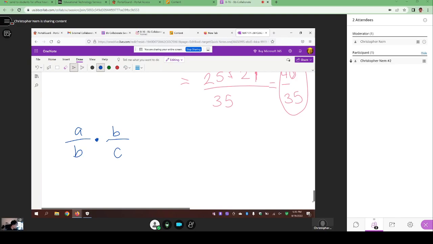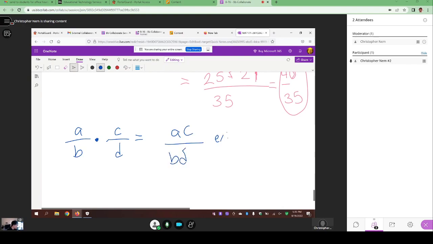So when I multiply this out, all you have to do is multiply the top together, and you multiply the bottom together. That is it. Now you might have to simplify. Did I do this right? Let me make this AB, make the CD to make my life easier. So we have no confusion. CD, so we have AC over BD.